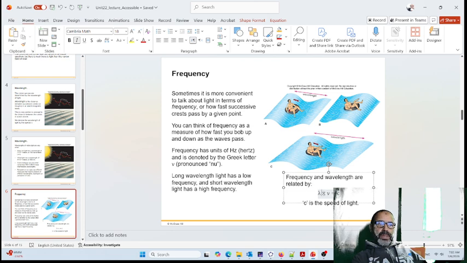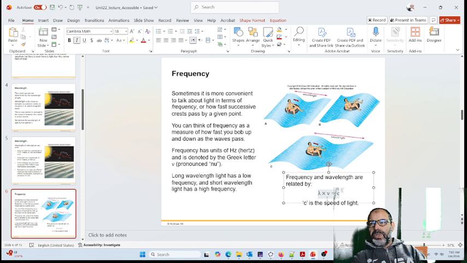We use the Greek letter lambda for the wavelength. The product of these two numbers is the speed of light, which is 300 million meters per second. Now, if lambda is long, the frequency is low. If lambda is short, the frequency is high, because their product needs to be c. As a matter of fact, if I know what the frequency is, lambda is just c over nu.